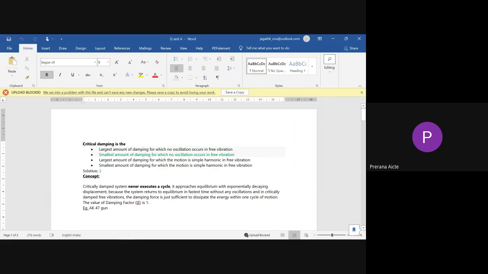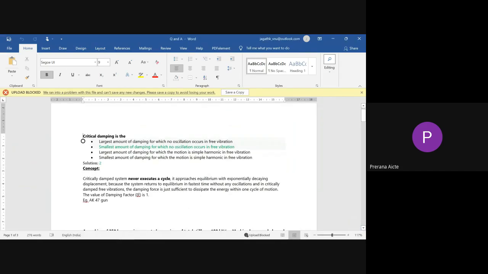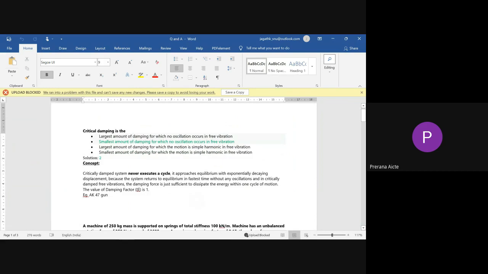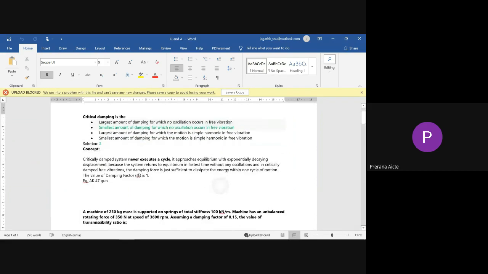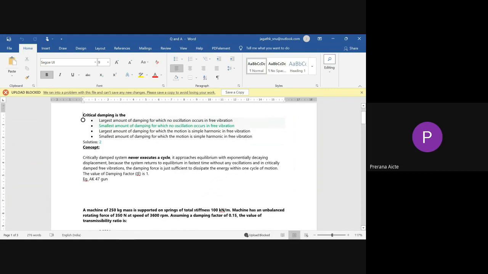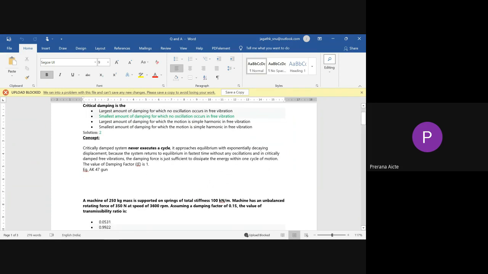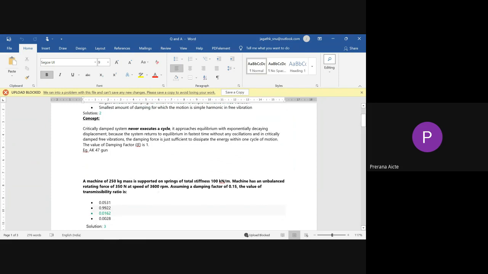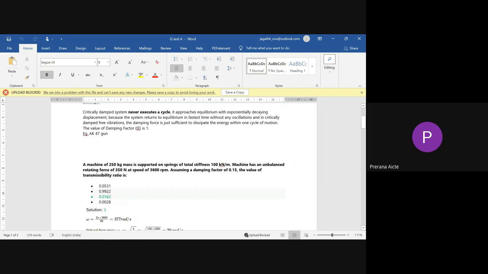And here is a solved problem. A critical damping is the smallest amount of damping for which no oscillation occurs in free vibration. So the concept has been explained here. A critically damped system never executes a cycle.